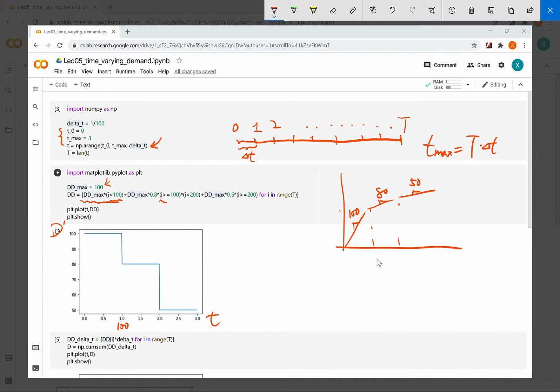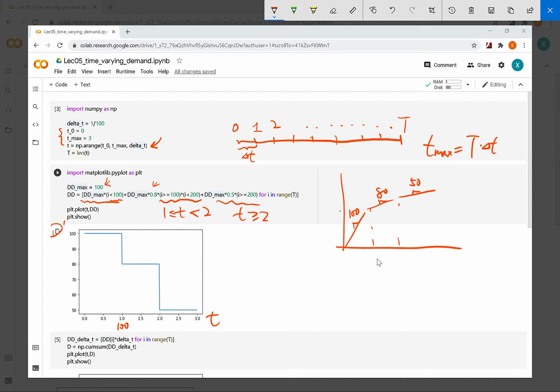And then for the second piece, it indicates t is greater than 1 and smaller than 2. Based on this discretization resolution, the index should be between 100 and 200. And then we multiply it by 80, which gives us the second piece. So similarly, we can have the third piece when t is greater than 2.